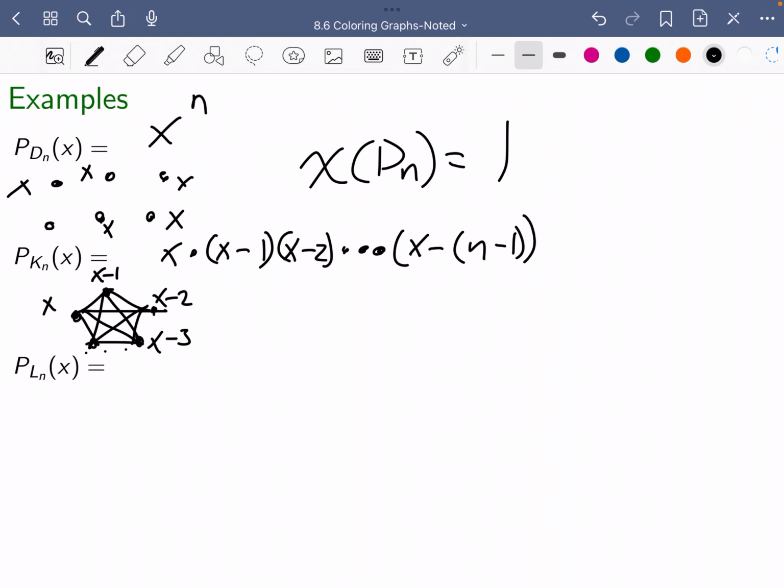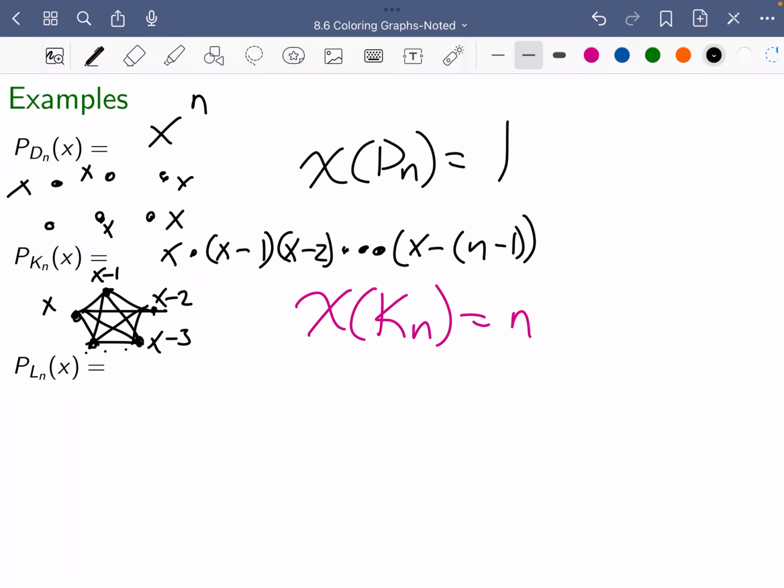Right, so if we have a complete graph on n vertices, we have x minus (n minus 1) options remaining for that last one. And so the chromatic number for that complete graph is going to be n itself. Everything has to have a distinctly different color.